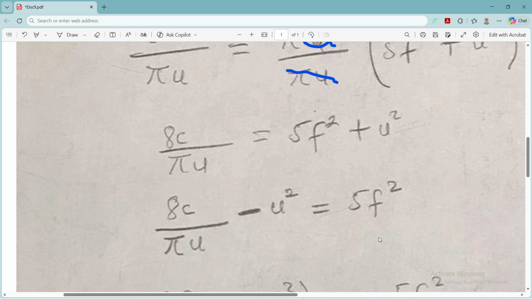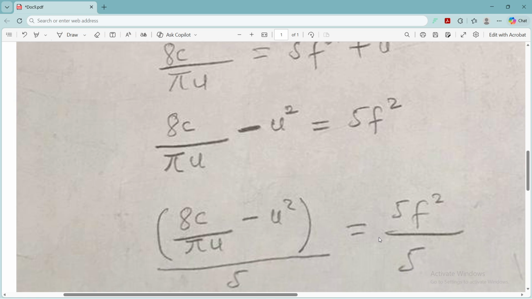So we are going to have a new equation to be, in brackets, the fraction 8c divided by pi u minus u square, right, divided by 5 equals the fraction 5 multiplying f square divided by 5, right?